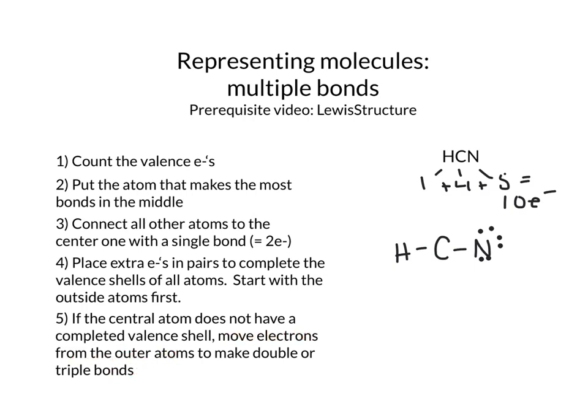So in other words, I can take these 2 electrons and share them between the nitrogen and the carbon, and these 2 electrons and share them. That gives carbon 4 extra electrons and doesn't take any away from the nitrogen.